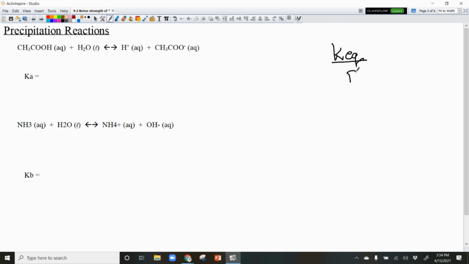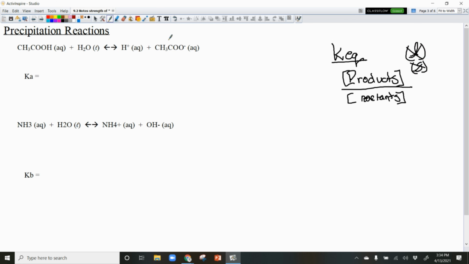And we did the concentration of the products over the concentration of the reactants. Okay. Well, we're going to do the same thing here. And remember, we don't include liquids and we don't include solids in these equilibrium expressions.